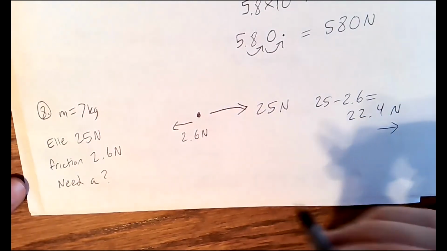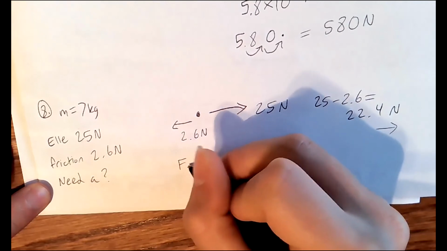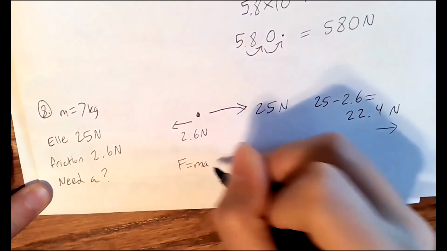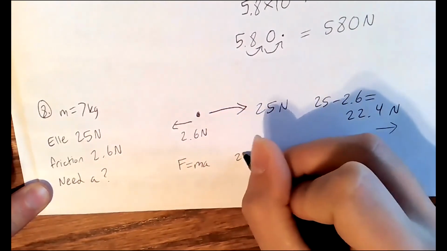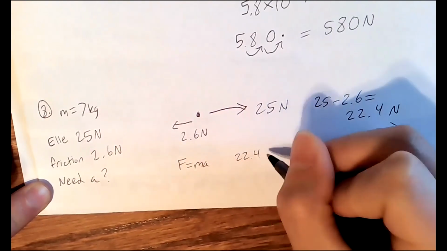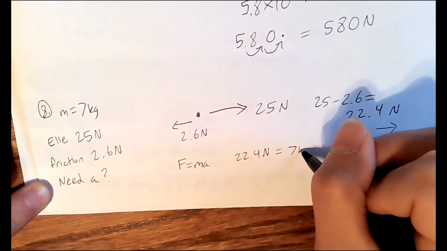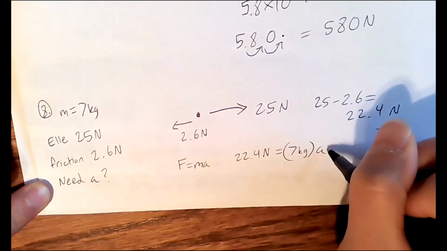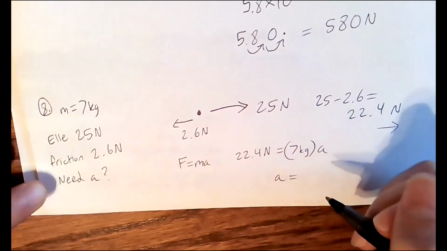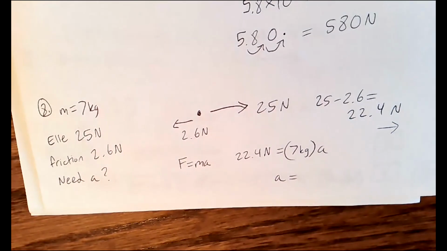So now you have F and M. Now you just plug and chug. And then you plug that into the calculator, 22.4 divided by 7.